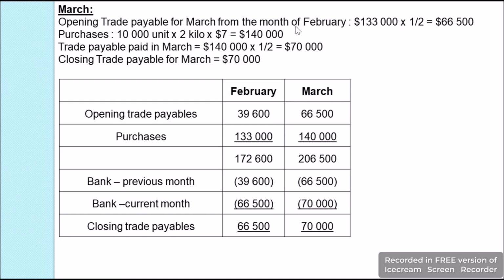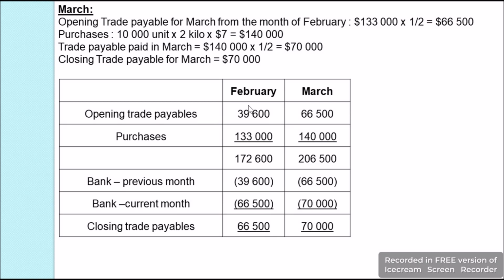Then the purchases: the units produced and sold was 10,000, and we require 2 kilos of direct material for each unit, and the cost per kilo is $7, so it will be $140,000. Out of this half will be paid in the month of March, which will be $70,000, and the remaining half will be the closing balance for the month of March, which will be paid in the next month.